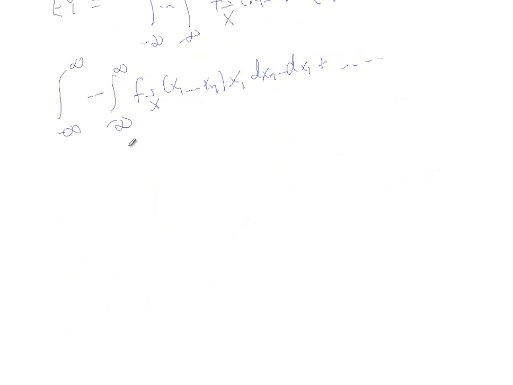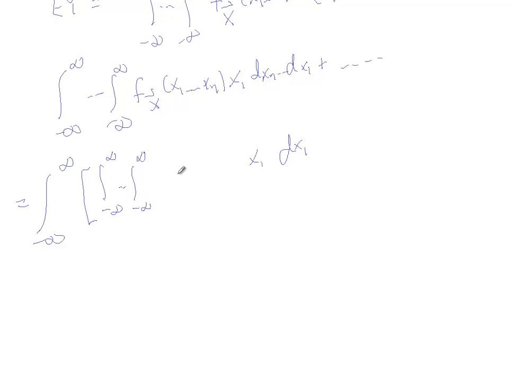Now, what is this? We can rewrite this as the integral from minus infinity to infinity. I'm just going to do this one term. All the other terms are similar. It's going to be the integral from minus infinity to infinity dx1, and I'll have an x1, and then what integral am I going to have inside? This is all the other integrals over all the other variables.